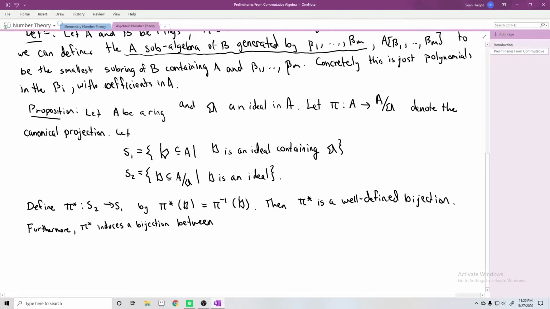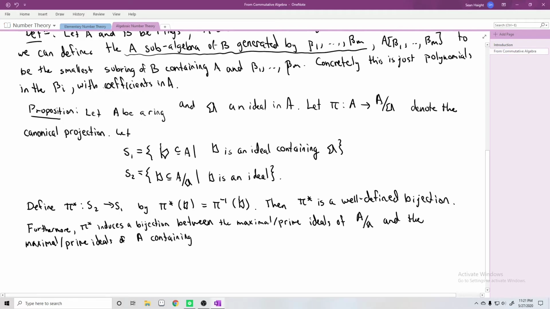This map pi star, if I restrict to the maximal or prime ideals, also remains a bijection in the following sense: between maximal slash prime ideals of A mod 𝔞 and the maximal slash prime ideals of A containing 𝔞. Okay, I think I've heard this referred to as the fourth isomorphism theorem or something like this, but it's a fairly meat and potatoes result from a first course in ring theory.